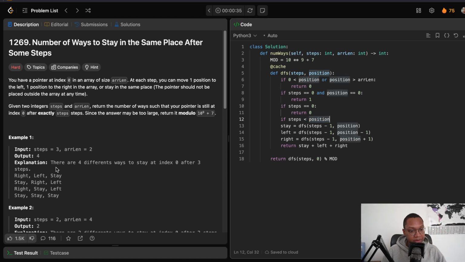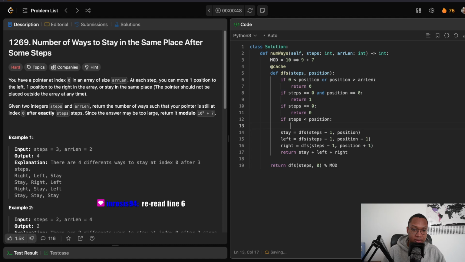Because if you only have one step left, but you're all the way out here, then you could probably just kill it. Is it -1? Oh, wait, no. If the position is less than 0, or the position is greater than or equal to the array length.